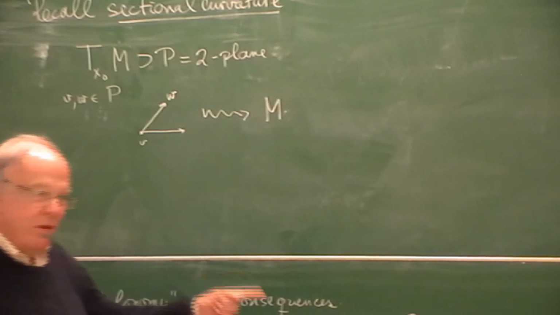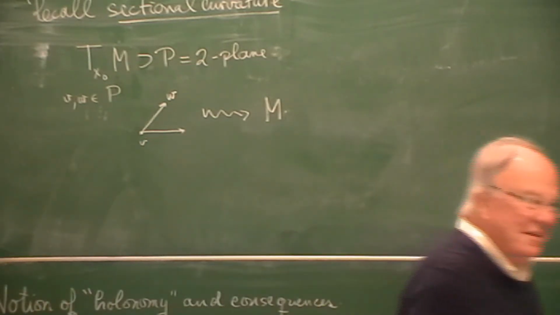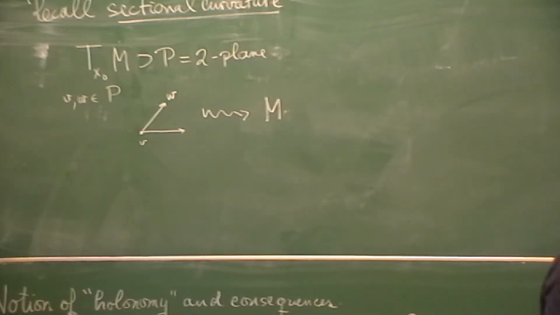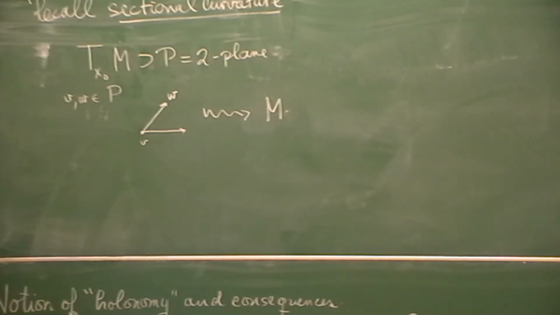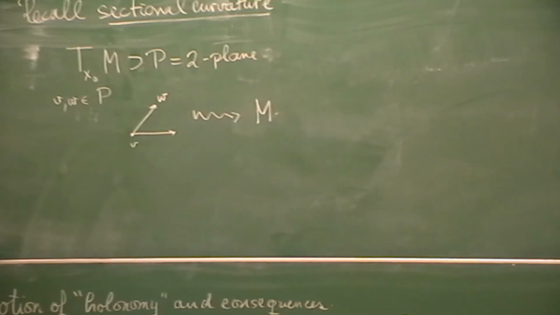There is one way to do that in Riemannian geometry. The way to do that in Riemannian geometry is the exponential map. Is it not true? There is the exponential map from the tangent space to the manifold, at least locally.